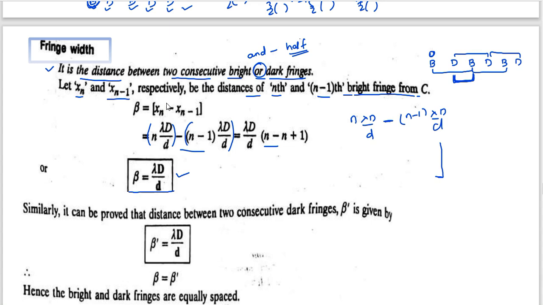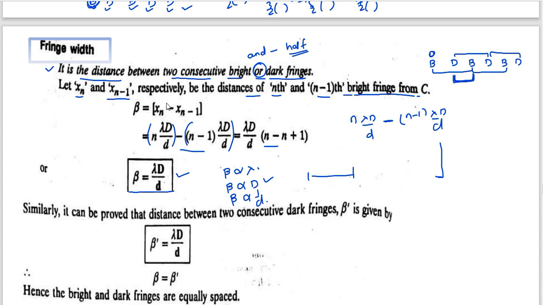Okay, so fringe width beta is directly proportional to lambda. Fringe width beta is proportional to capital D, and fringe width beta is proportional to 1 by d. That means if capital D increases, the fringe width increases. That means if the slit and screen separation increases, the fringe width increases.